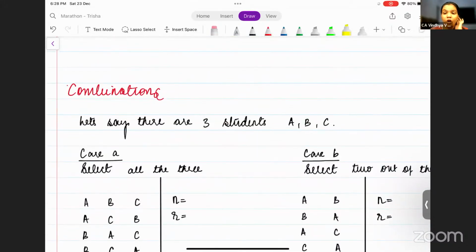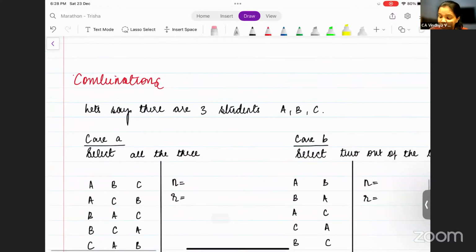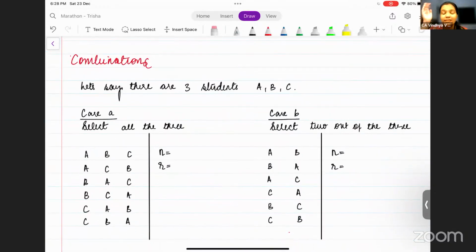Let's quickly understand combinations. So now in combinations, what do we have? I've taken the same example, 3 students. Now I have to select these 3 students. No arrange, select.